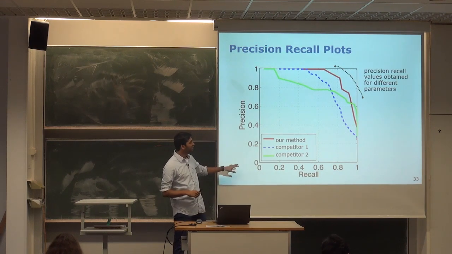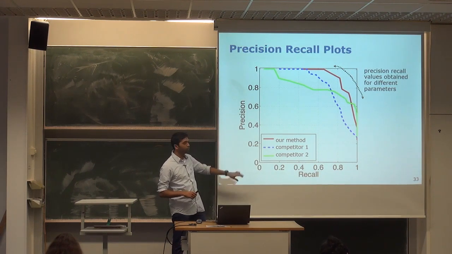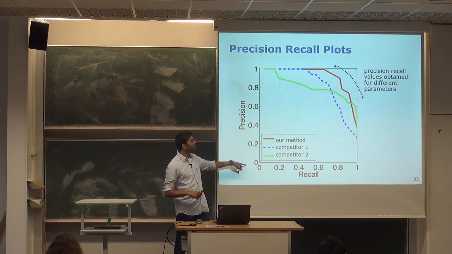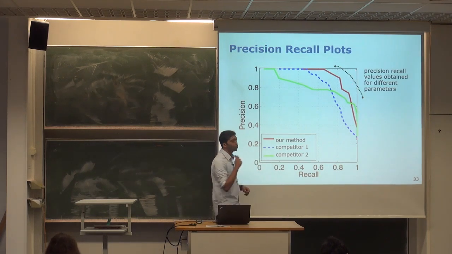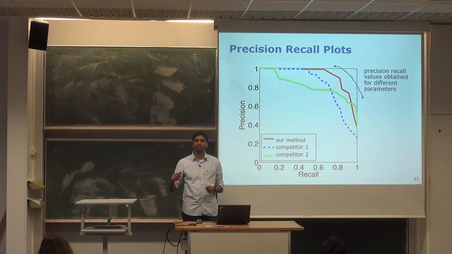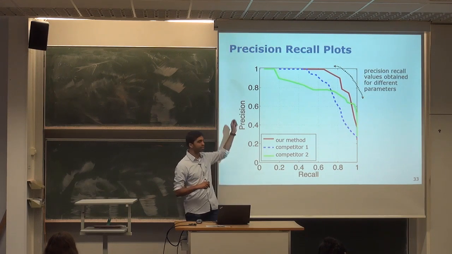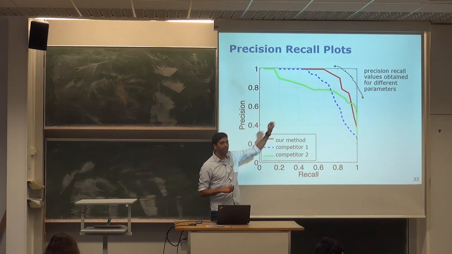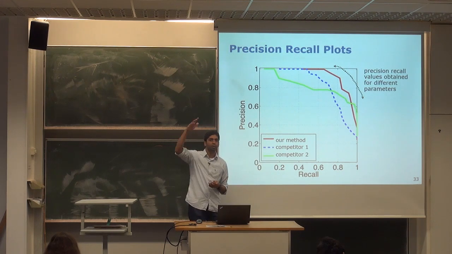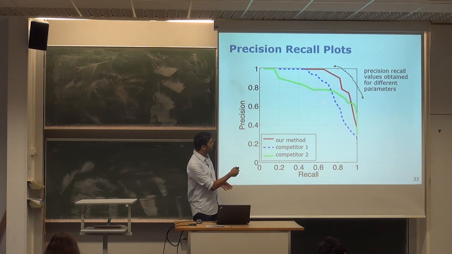And in this particular plot of precision versus recall, the best classifier is actually towards the right end. So if something has a precision of 1 and recall of 1, it's the best one. So it's opposite in this sense to the ROC curve, where something on the left corner was the best, but in the precision recall curve, something on the right corner is the best. So the higher you are to the right, the better.